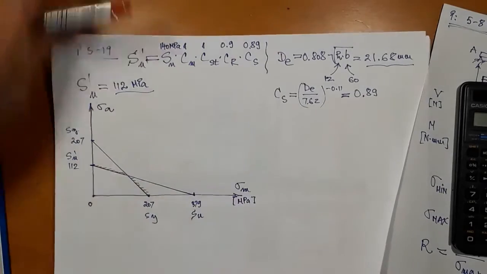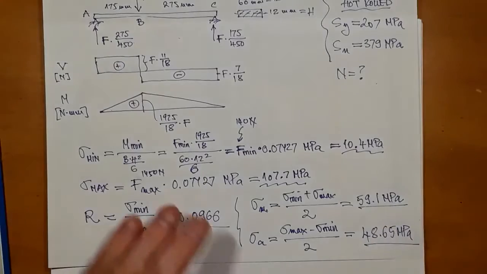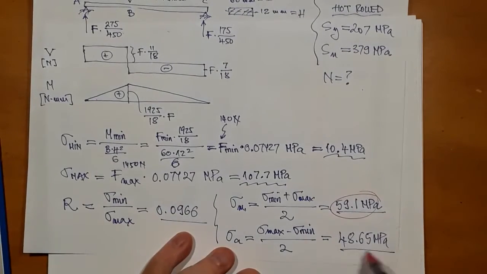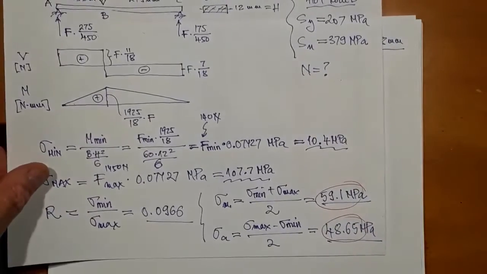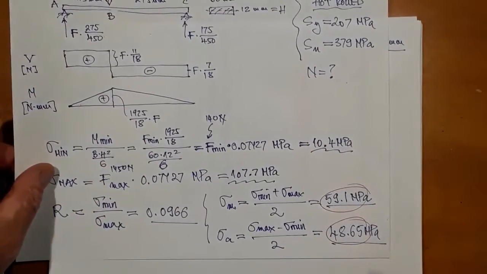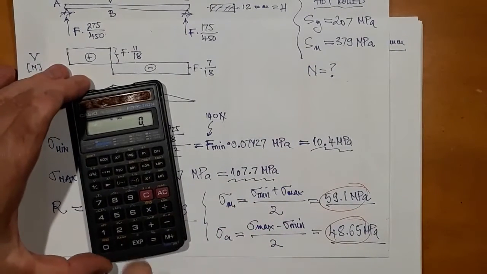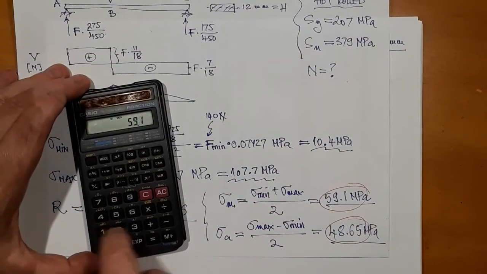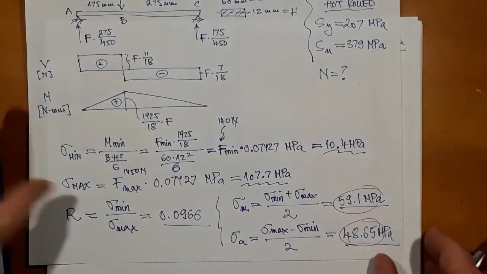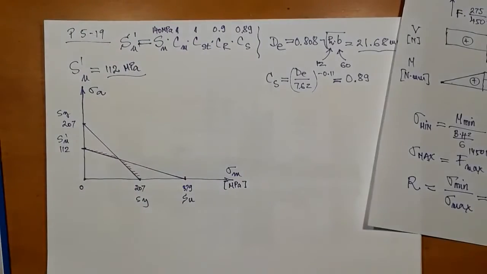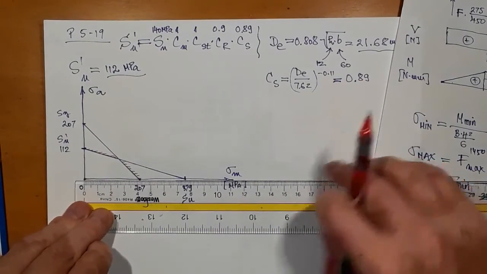Let's put on the graph the mean and alternating stress values corresponding to the load point. Remember, modified Mohr theory for brittle materials. So we have 59.1 times 0.2, that's 11.82 millimeters, almost 12 millimeters.